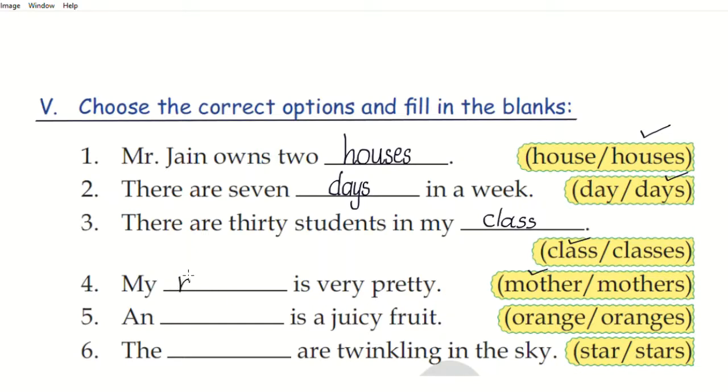Number 4. My dash is very pretty. Mother. My mother is very pretty. Number 5. An dash is a juicy fruit. An orange. An orange is a juicy fruit.